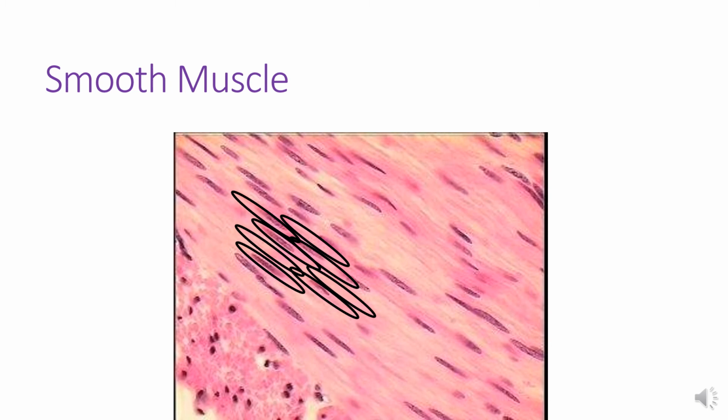Now, I want to make sure that you're very careful because it's very easy when we're first naming tissues to confuse smooth muscle with the stratified squamous kinds of epithelia. So it would be a good idea to take a look at several examples of each and see if you can find a difference.